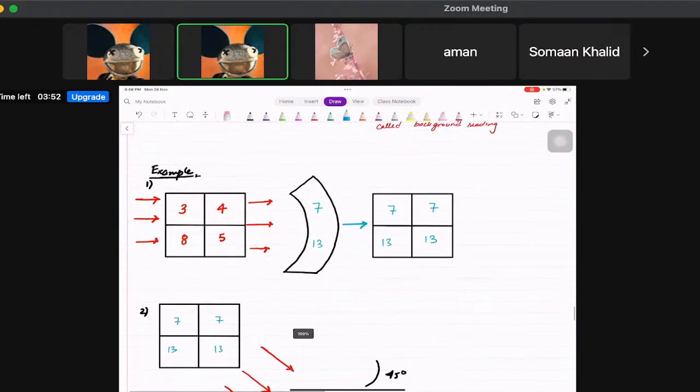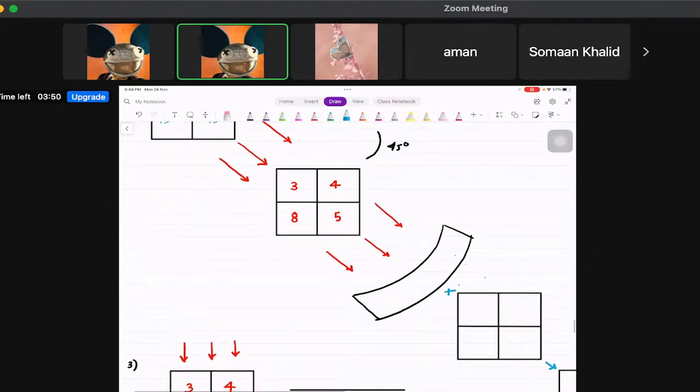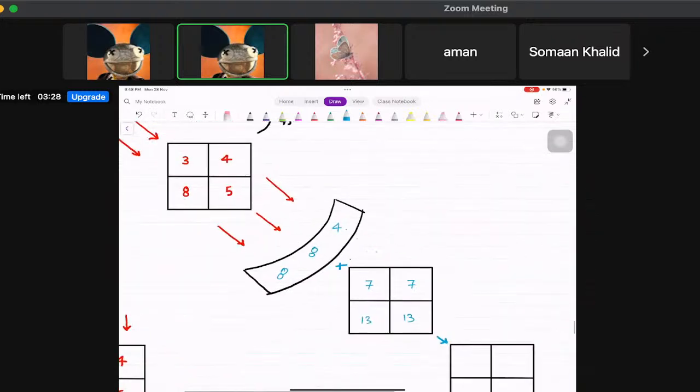So here on this one you will get 4, and then 3 plus 5, 8, because 3 and 5 are in a line, and then 8 on this side as well. Then it adds this to the previous reading it had saved, 7, 7, 13 and 13, into a new one. So now look at this.